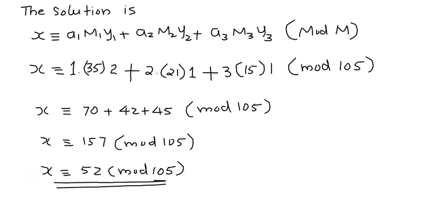So in general, 52 is the unique solution of the linear system modulo 105. The general solution is x equal to 52 plus 105t, where t is any integer.